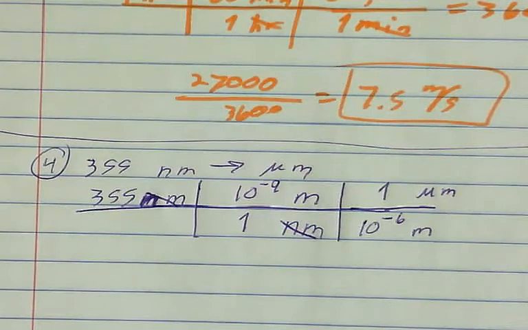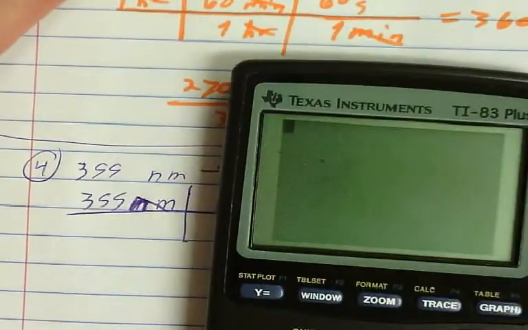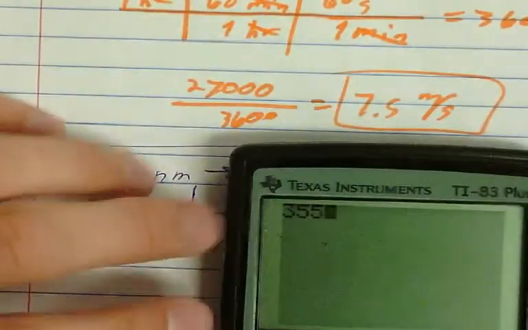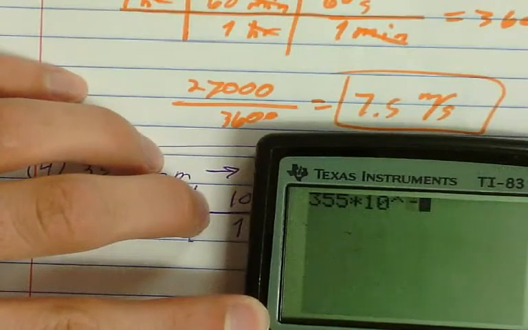So now I'm ready to do my calculations here, and we just use our calculators. If you're still having trouble putting it in your calculator, let me know, and I can certainly help with that. Okay? So on this one, 355, the first step is times 10 to the negative 9th.